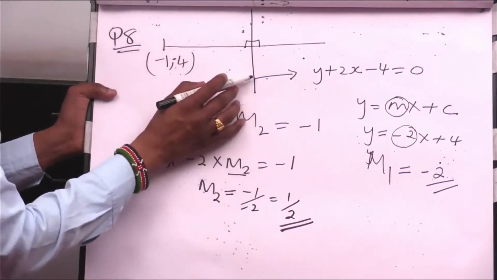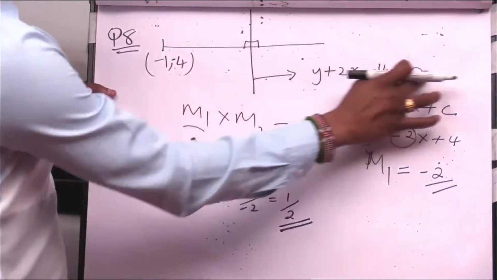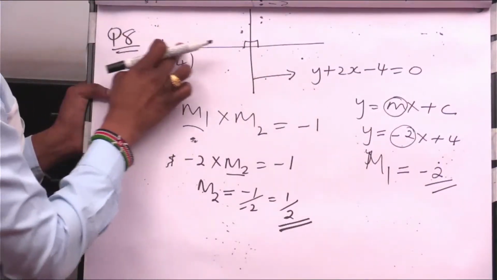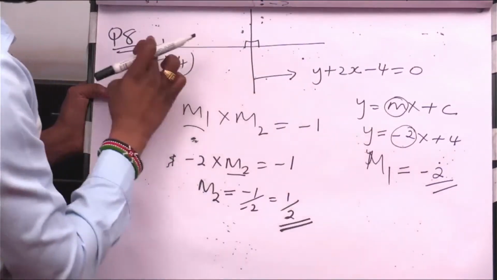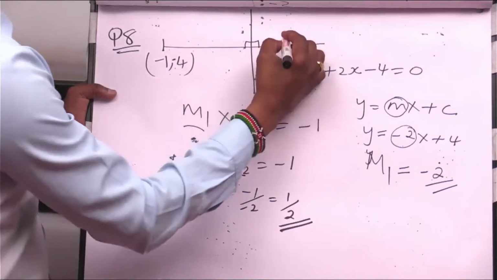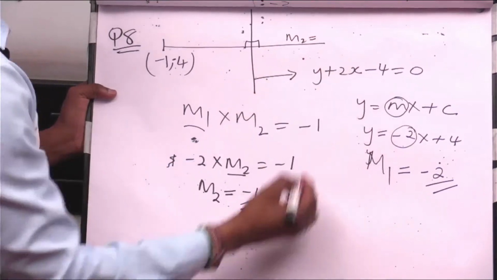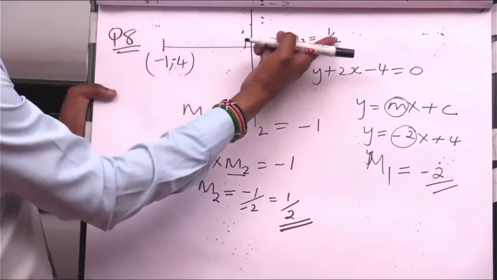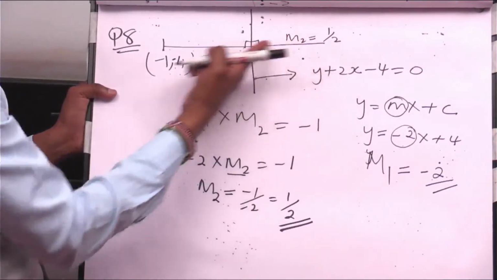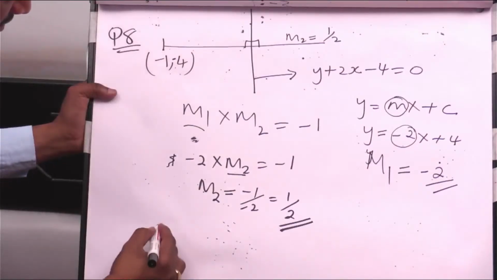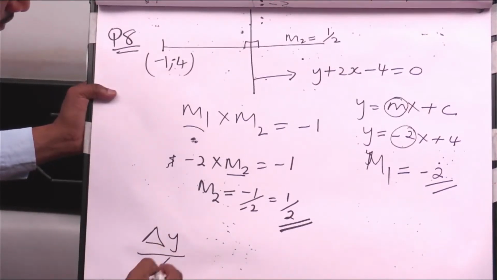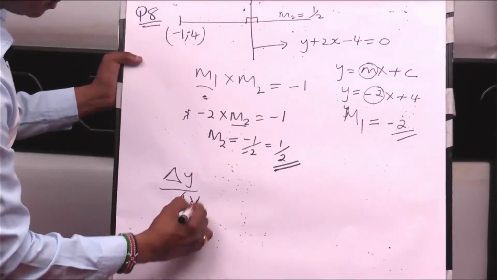So this line has a gradient of minus 2, and this line has a gradient m2 equals a half. Now we've gotten the gradient and you are given a point. So what is the equation of this line? Equation of a line is given by change in y over change in x.